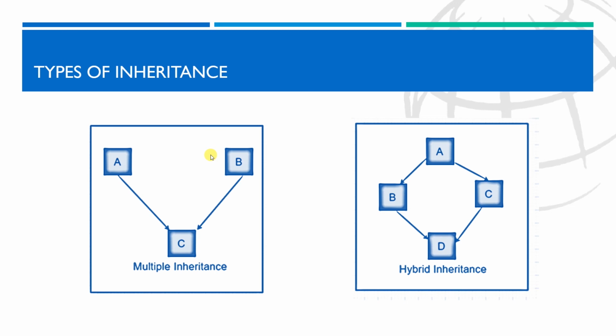In the example, we have the class C that is derived from the interfaces A and B. And the hybrid inheritance, which is a mix of two or more of the other types of inheritance. Java doesn't support this kind of inheritance.